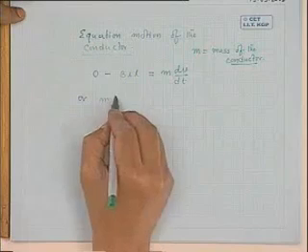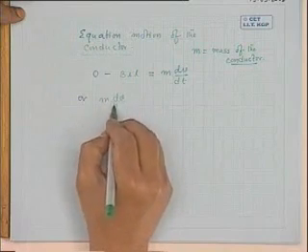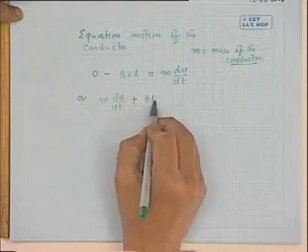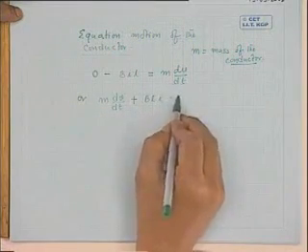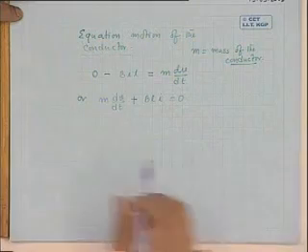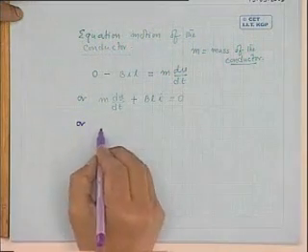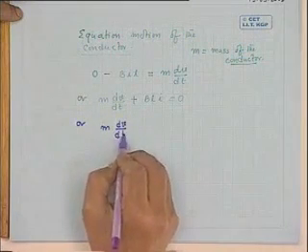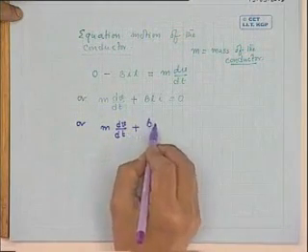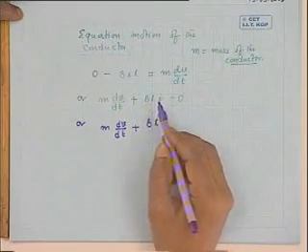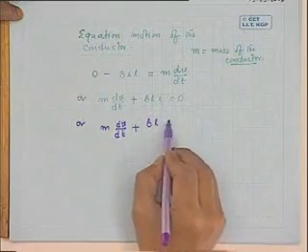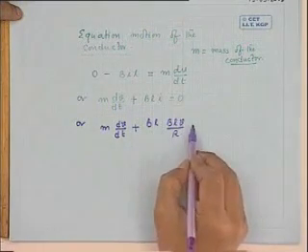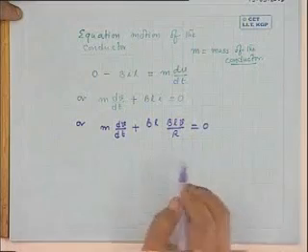Or what you get is M dV/dt equal to minus BIL, that is M dV/dt plus BL into I equal to 0. You can substitute the value of I: M dV/dt plus BL times I. What is I? I is E by R. At that time, what is the induced voltage? BLV divided by R. This is equal to 0.